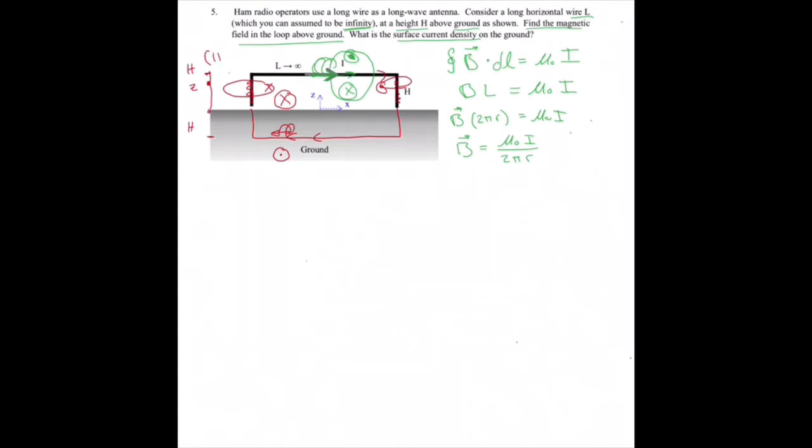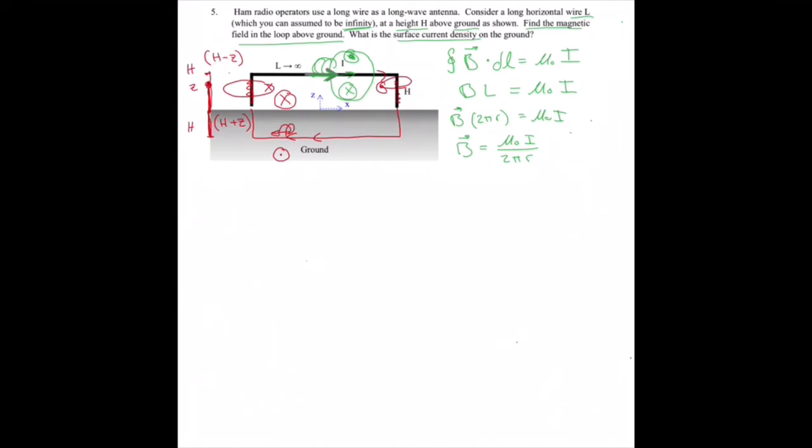So on the top here, our distance would be h minus z, and that will give us this point right here. Also on the bottom, we have this h distance from our bottom line to the center here, but our radius is actually plus this z distance. So the contribution, or r, from this bottom current wire is going to be h plus z. Okay, and that will give us our second r distance.